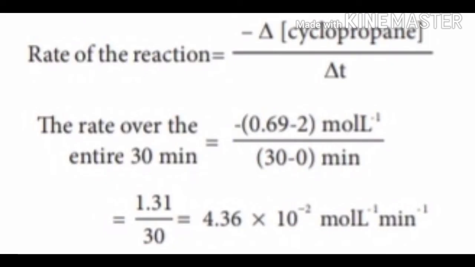For the rate of the reaction, we apply the equation: rate is equal to minus delta cyclopropane by delta T. For the entire 30 minutes, substituting the values, it is minus (0.69 minus 2) mole per liter divided by (30 minus 0) minutes. So 1.31 divided by 30 gives 4.36 into 10 to the power of minus 2 mole per liter per minute.